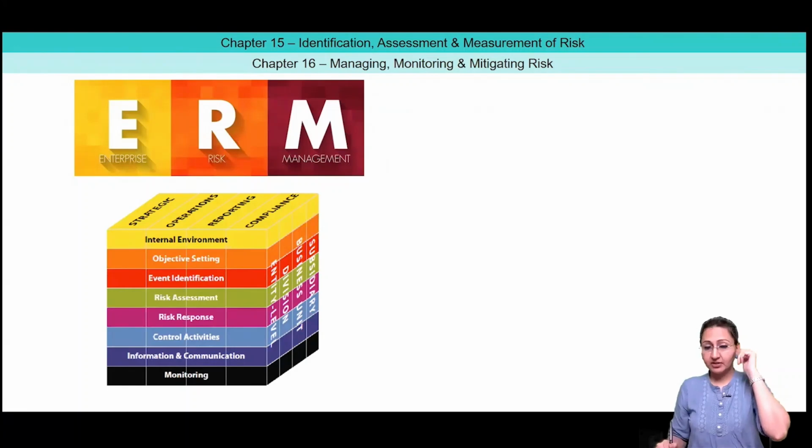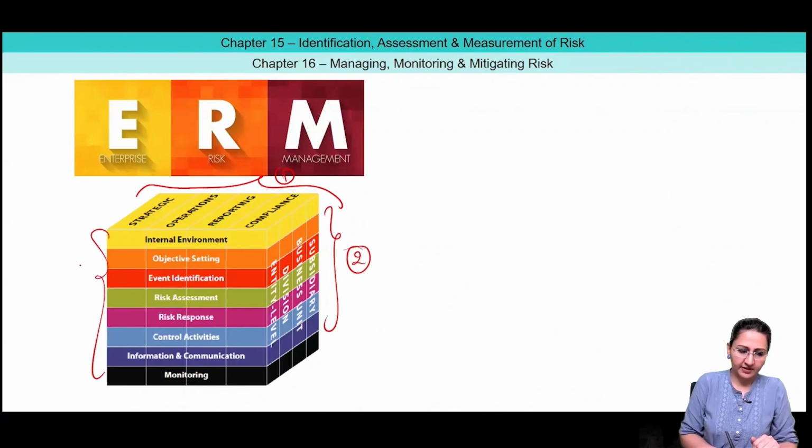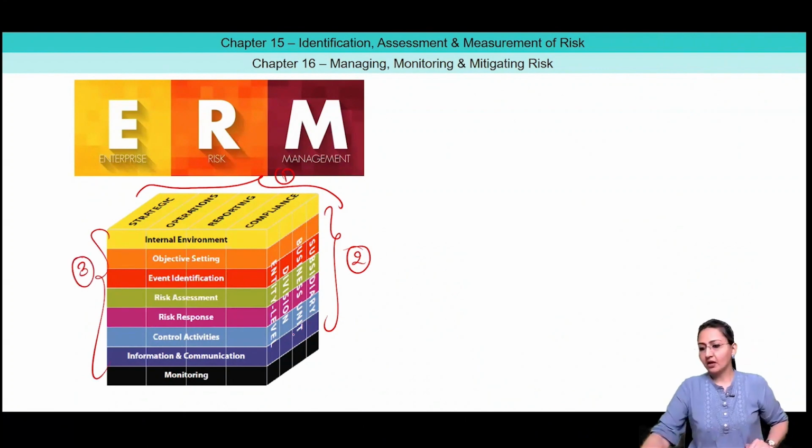COSO ERM framework, this cube has got 3 parts. One is this, another is this, and the third layer is this.